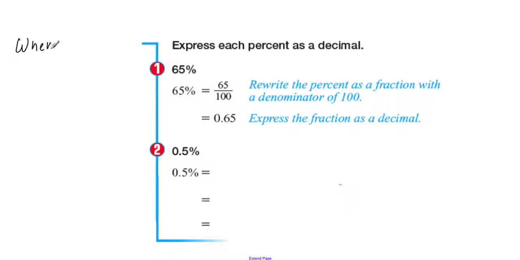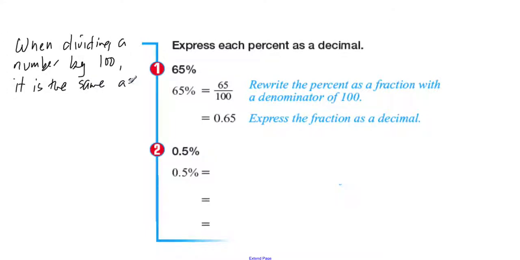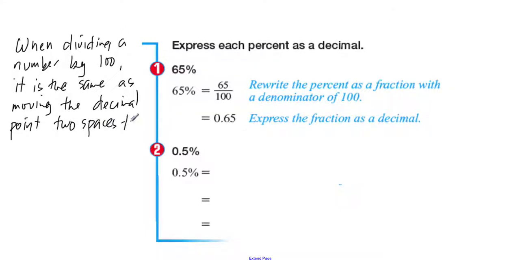When dividing a number by 100, it is the same as moving the decimal point 2 spaces to the left.